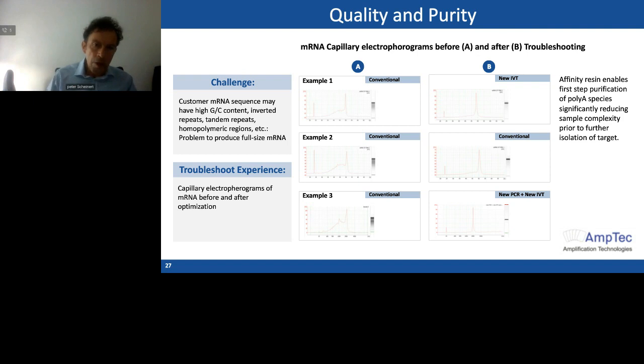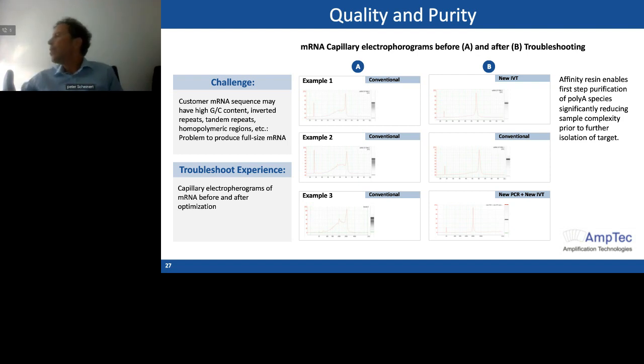And in that regard, we also see a very big potential and advantage of the POROS resin, because it's an oligo-dT selection. The POROS dT stretch binds to the poly-A tail at the 3' end of the mRNA, so we would be able to achieve a full-size selection of mRNAs.